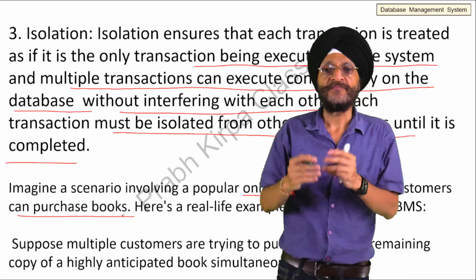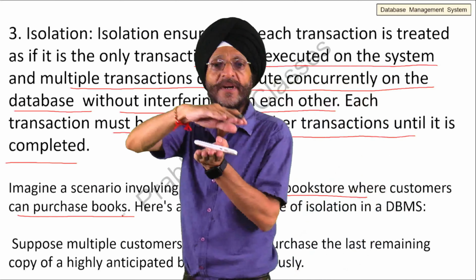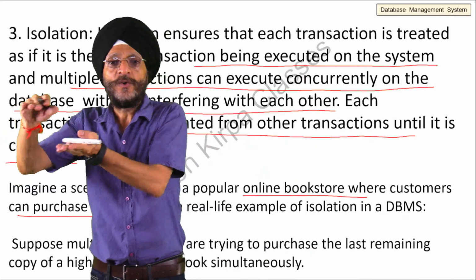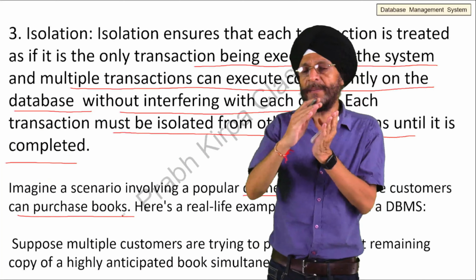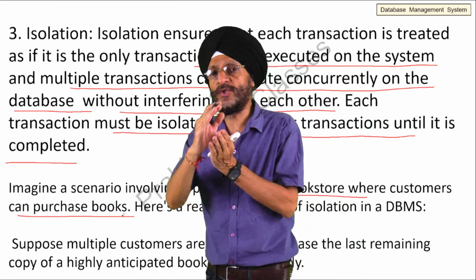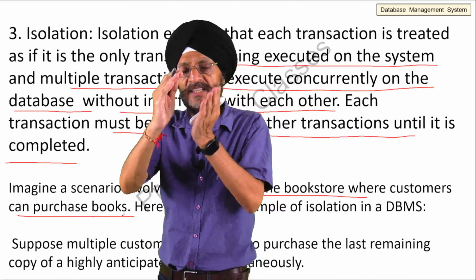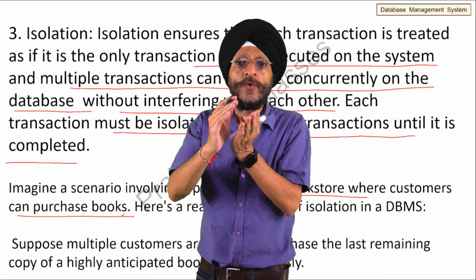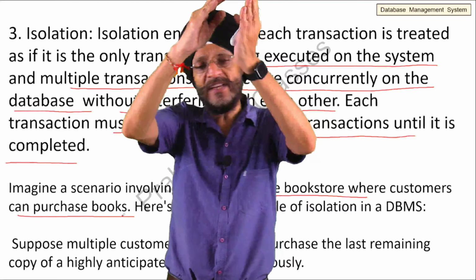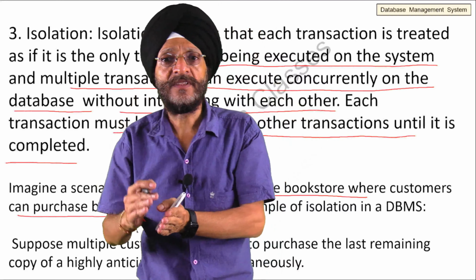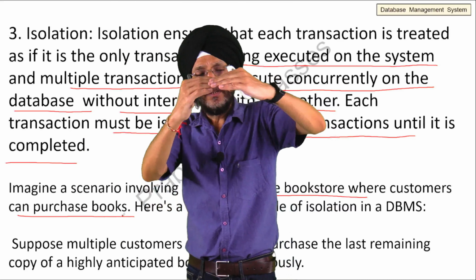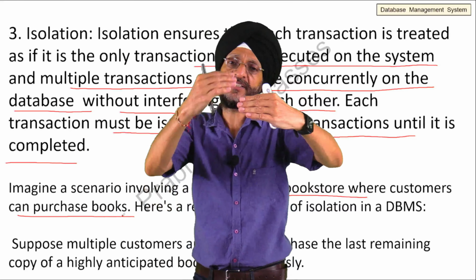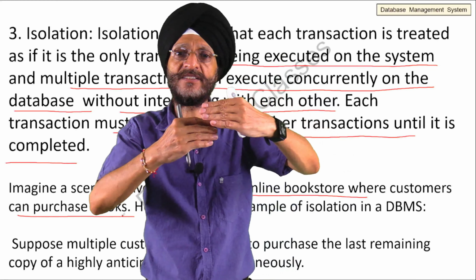In that case, though A and B are simultaneously trying to purchase the same book, the DBMS will ensure that the transactions behave as if they are in serial order, that is, in a queue. After the first transaction completes, the second transaction starts.